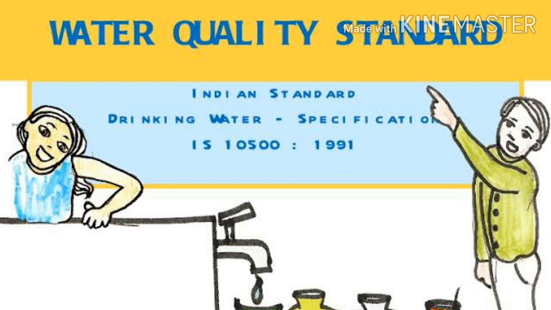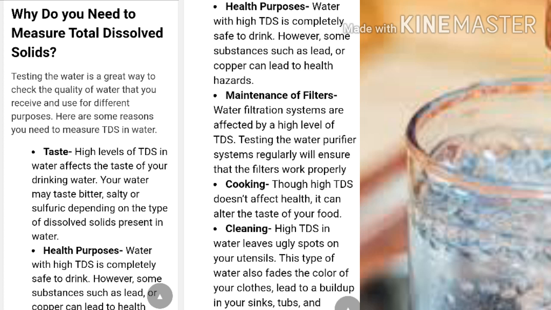Why do you need to measure total dissolved solids? Testing is a great way to check the quality of the water you receive and use for different purposes. Here are some reasons to measure TDS: taste, health, maintenance of filters, cooking and cleaning.